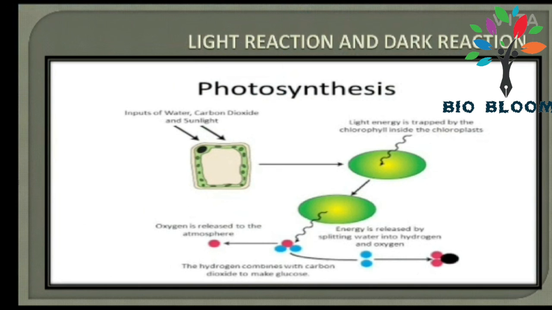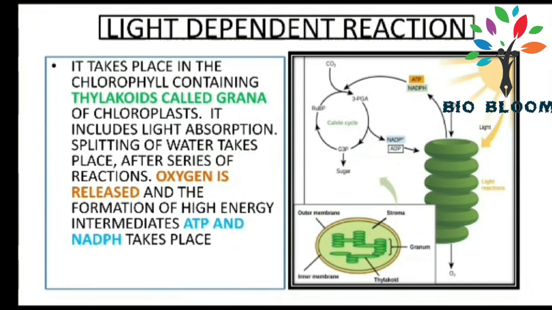The chlorophyll inside the chloroplast is excited and it releases oxygen into the atmosphere. Also, splitting of water takes place, and this splitting of water in this reaction is called photolysis of water.